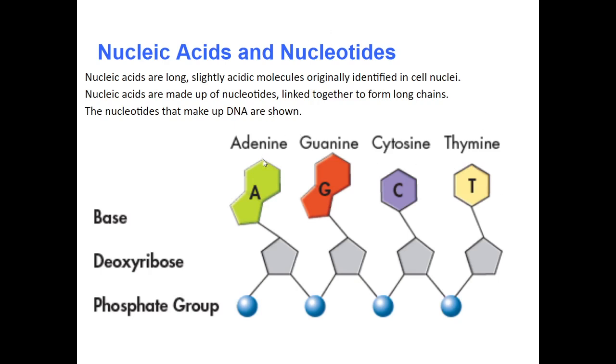You'll see again in a minute. And they bond right there. It's called a weak hydrogen bond. An A will always bond to a T, and a G will always bond to a C. So if I have a G over here, there's always going to be a C over here to make what's called the complementary side.